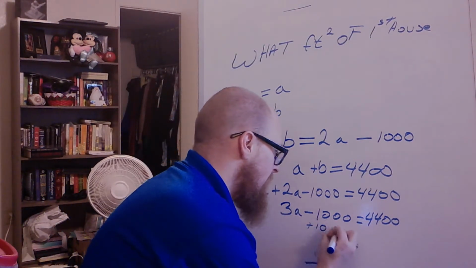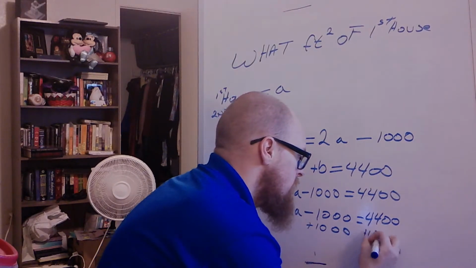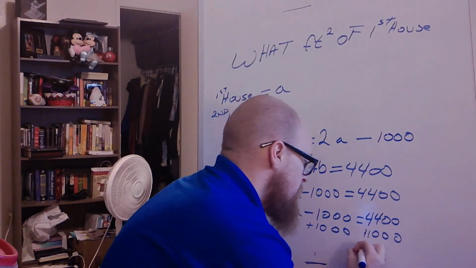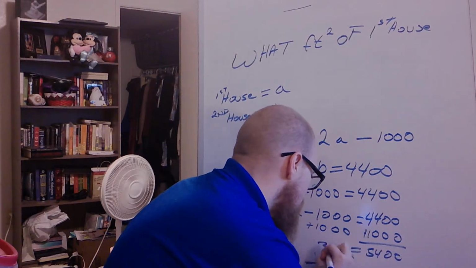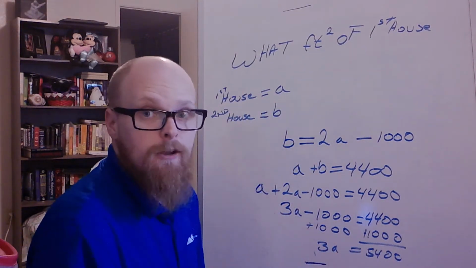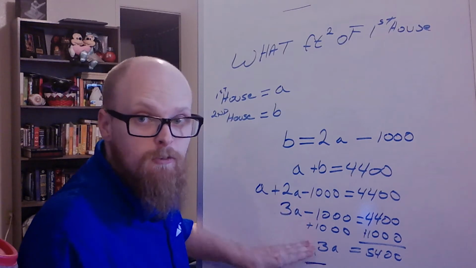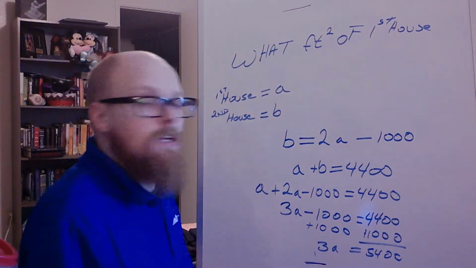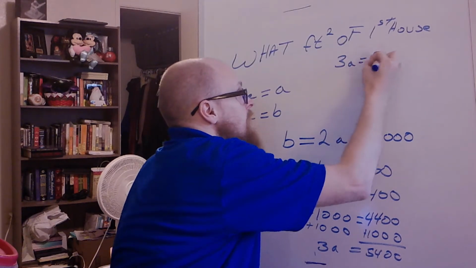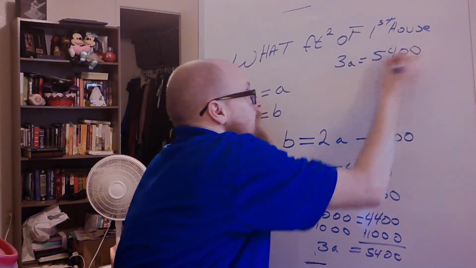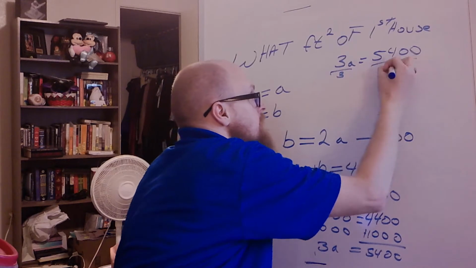Remember, if I do it on one side, I have to do it to the other. So that's going to be 5,400 equals 3A. I'm running out of room where you guys can see, so I'm going to move it from down here to up here, okay? 3A equals 5,400.